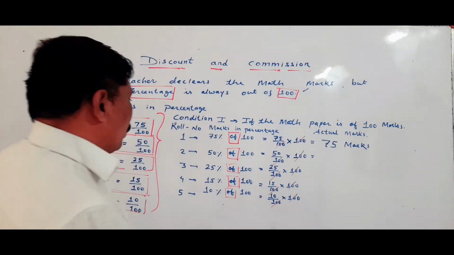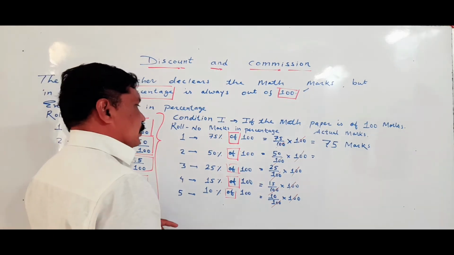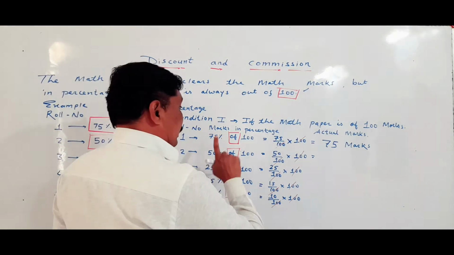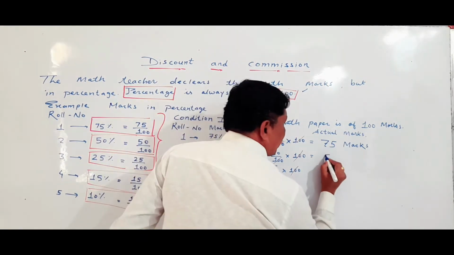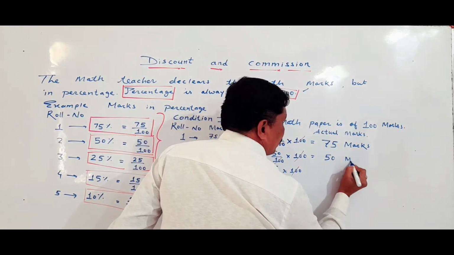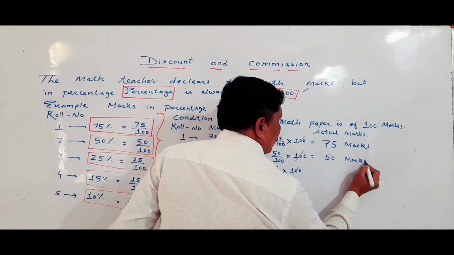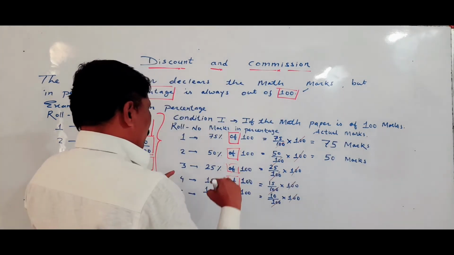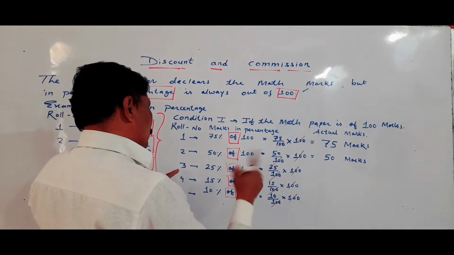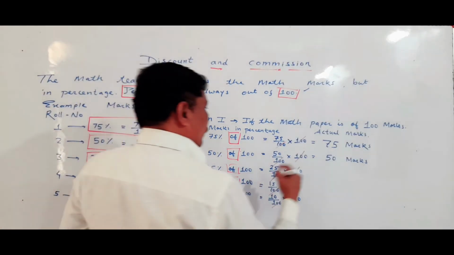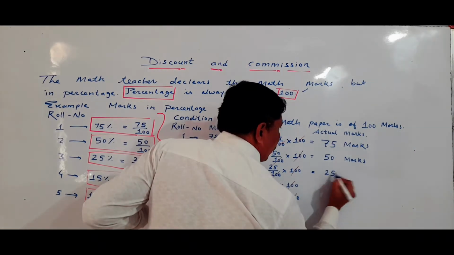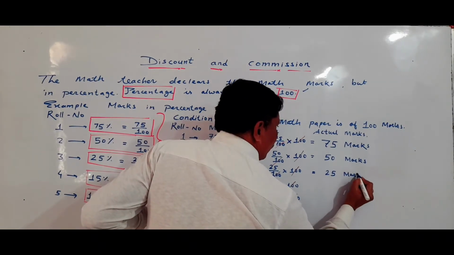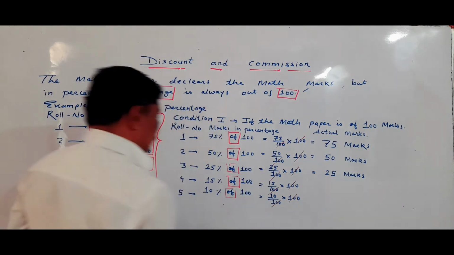Actual marks scored by roll number 2, that is 50%, if the paper is of 100 marks, will be 50 marks. Actual marks scored by roll number 3 will be 25 marks.